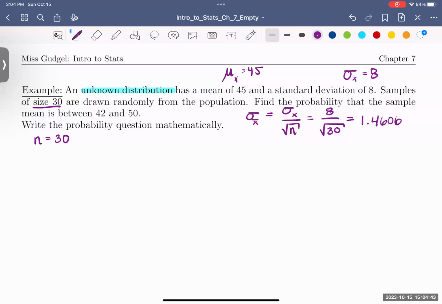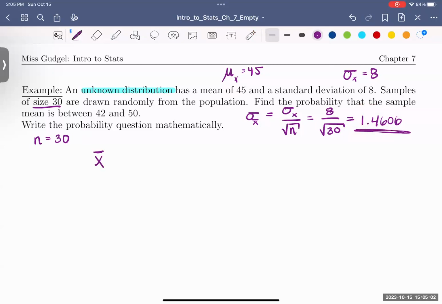I recommend when you go to put it in on your online calculator, you put as many decimals as possible because we want to make sure that we're letting that normal curve be as accurate as possible. But generally, 4 decimal places is safe enough when you're writing out that value.